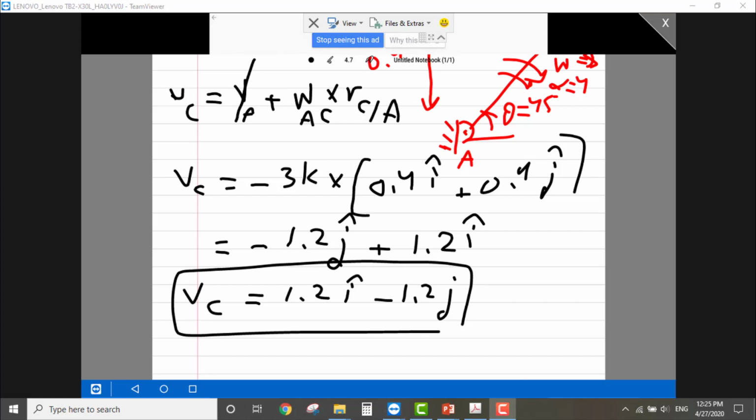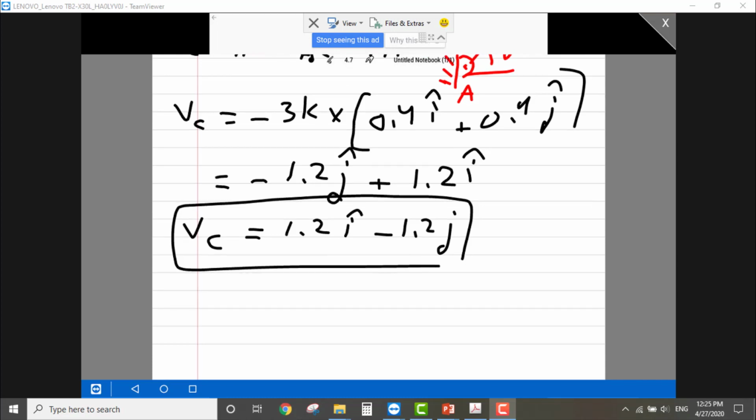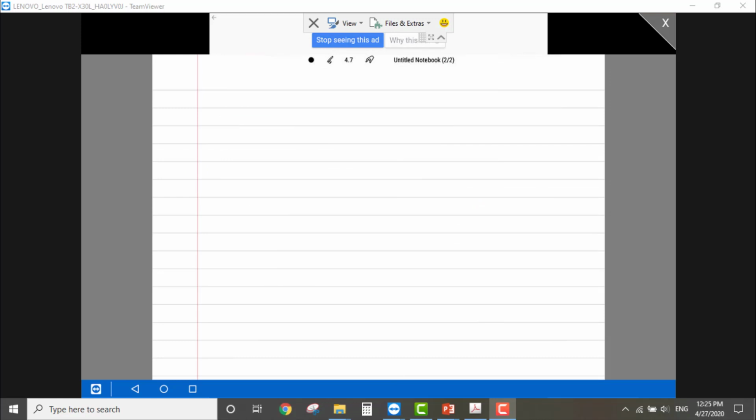Okay, so now let's move to the acceleration equation for this link, now that we found the first unknown, which is VC.